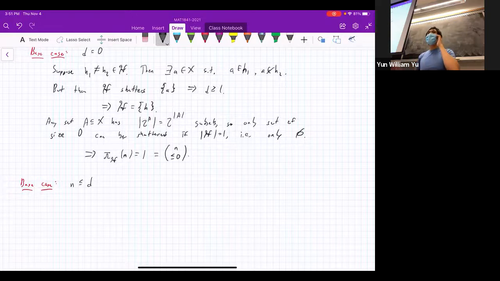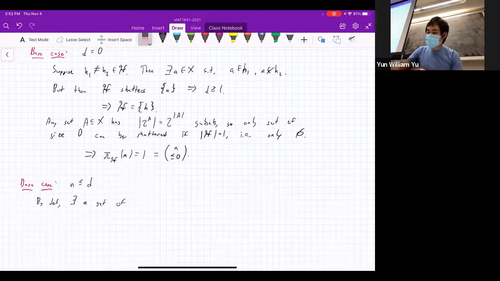So if n is less than the VC dimension, what does that say about how much you can shatter your set? Exactly. And when we write this out, by definition, there exists a set A of size n that can be shattered.